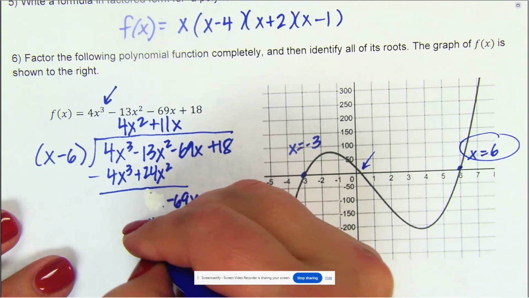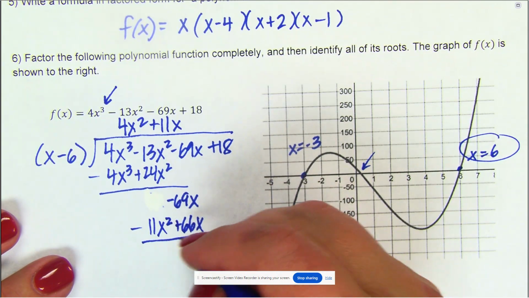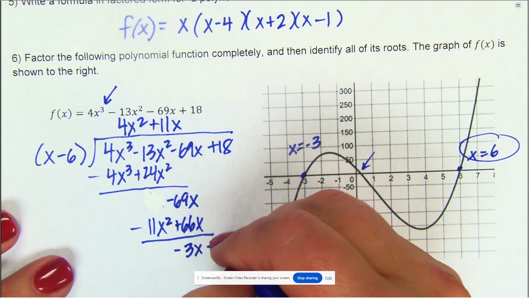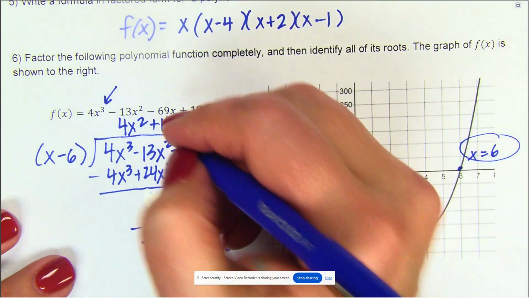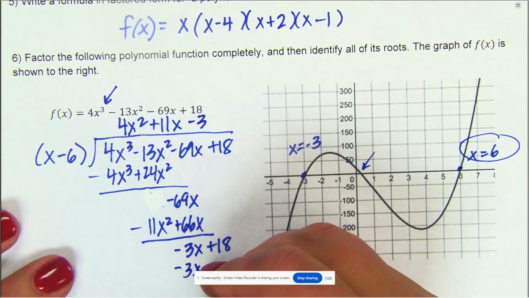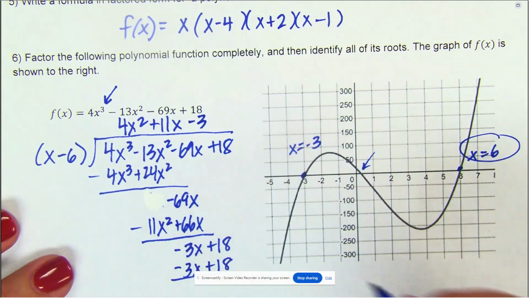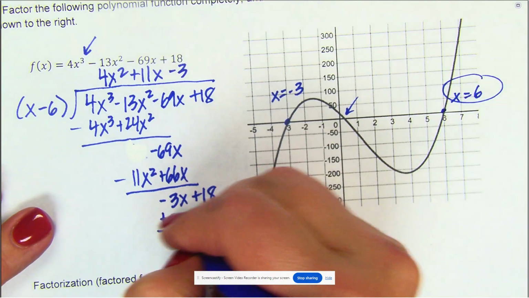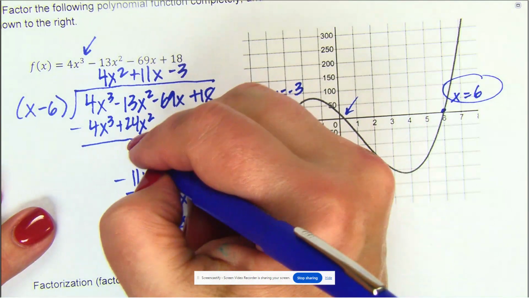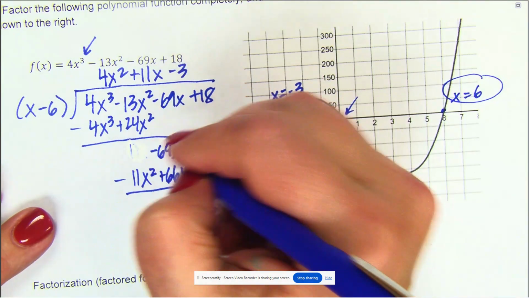But I'm subtracting. That's negative 3x plus 18. Negative 3. And I know this better come out to no remainder because I know it's a factor. And if it's a factor, that means it divides in evenly.